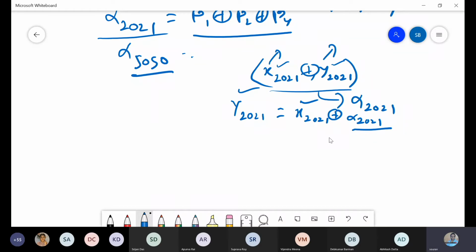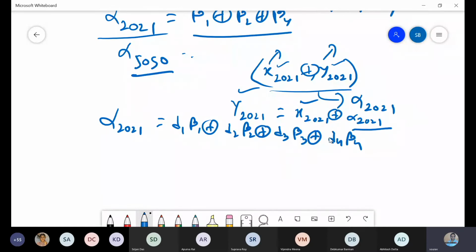Is it not? If we have alpha 2021, we know this is some linear combination: D1 beta 1 XOR D2 beta 2 XOR D3 beta 3 XOR D4 beta 4, with the Di known.